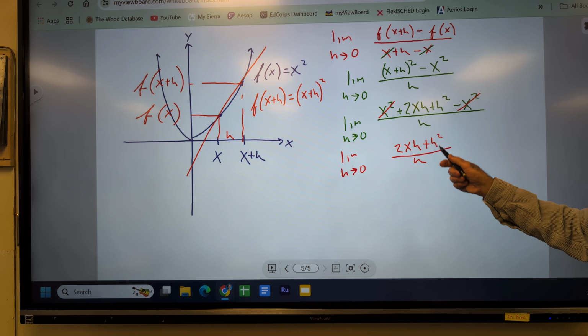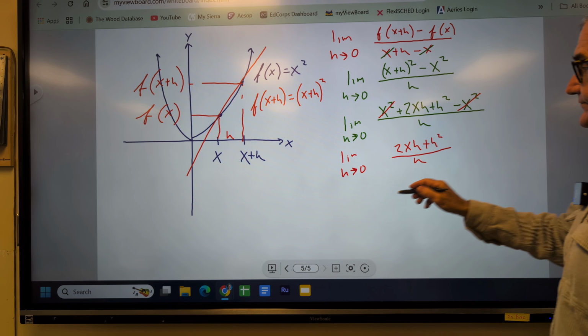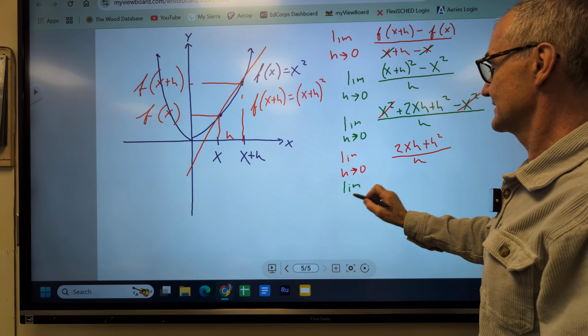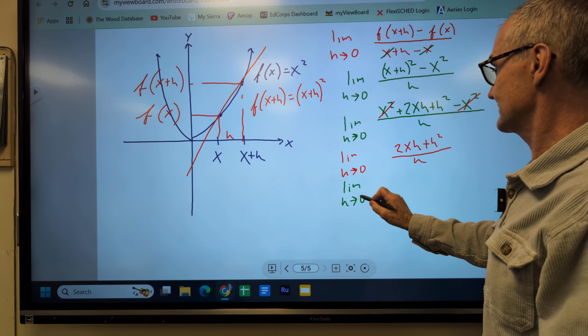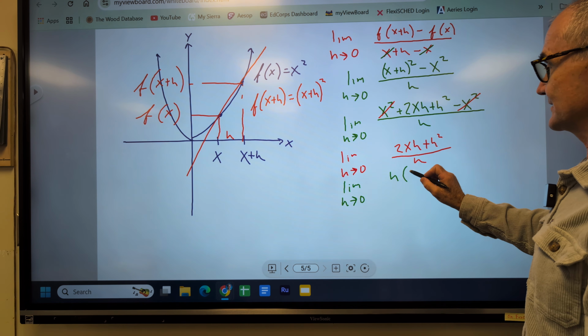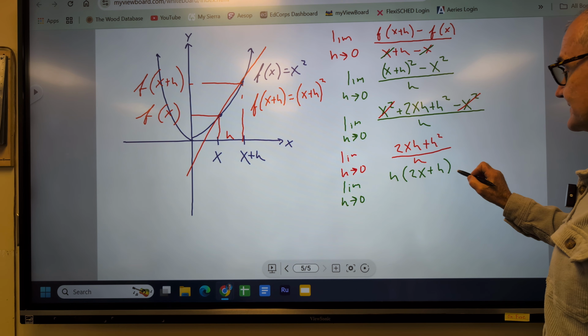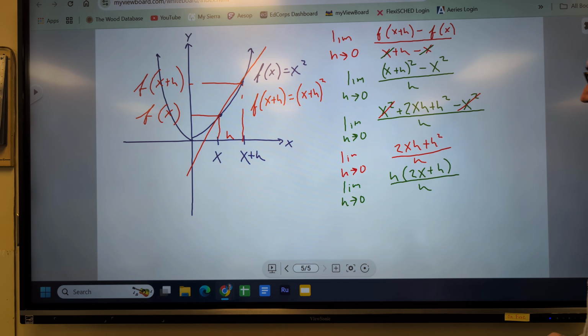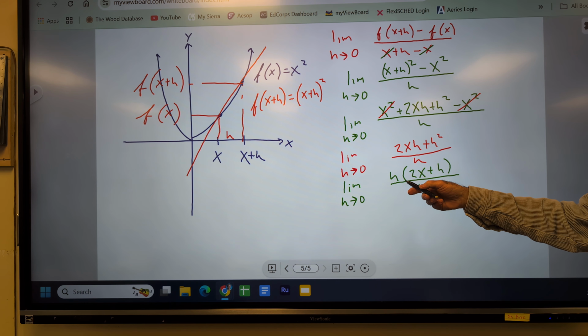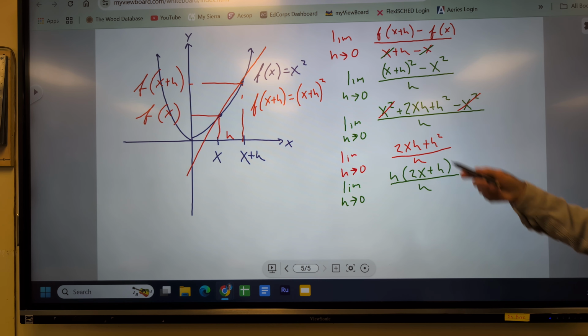I have that common term of h, so let me factor that out. The limit as h approaches 0, factoring that h out, I have h times 2x plus h all over h, right? The check of that is distributing that h through the quantity. 2xh plus h squared is that.